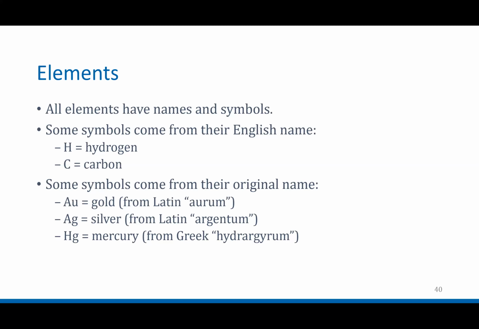Ag is silver. So it's not S. S is sulfur. It's not Si. Si is silicon. So Ag is silver, and that's from a Latin word, argentum. Hg is mercury, from Greek hydrargyrum, hard word to say. There's more, like Fe, ferrous or ferric. Fe is iron, by the way. Pb, plumbum, I think that's Latin or Greek. And Pb is for lead.